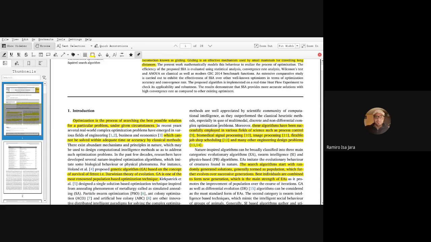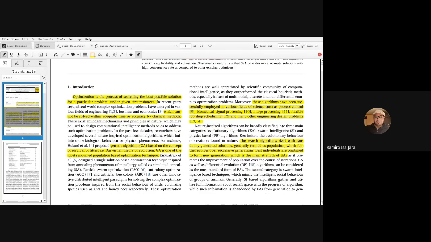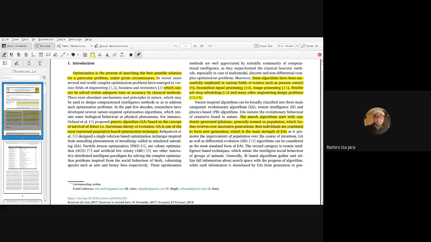These methods can be applied in different applications, for example, biomedical signals, image processing, flexible job shop, and other problems. The principal components of these algorithms are two stochastic components in order to improve the time to compute the solutions.